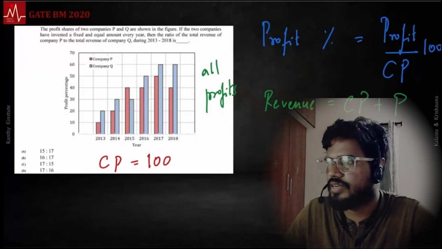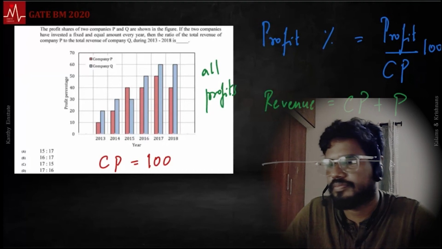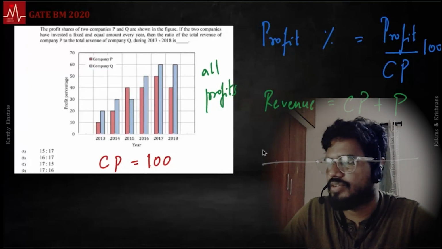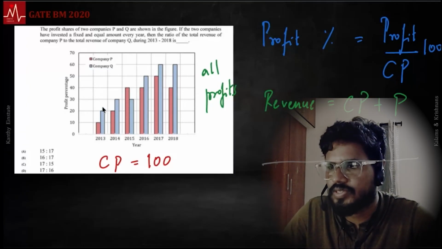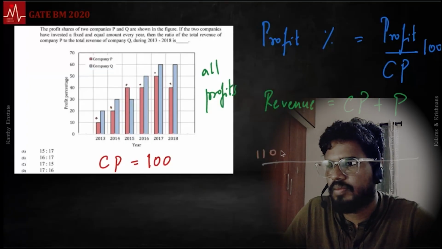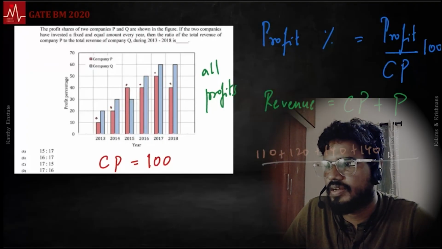P is this. So that ratio that we want is... Do we color differentiate? Yeah, let's color differentiate. I'm going to write all this first. $110 plus $120 plus $140 into 2. So plus $140, fine. Plus $150 plus $140.